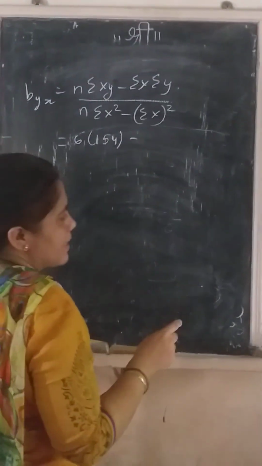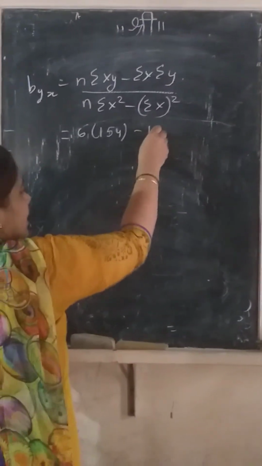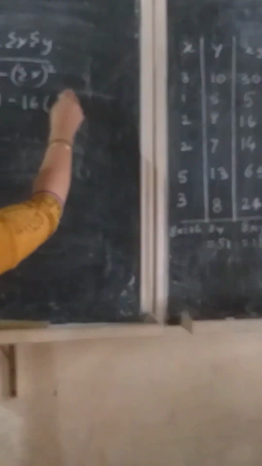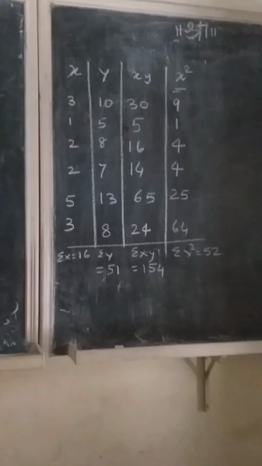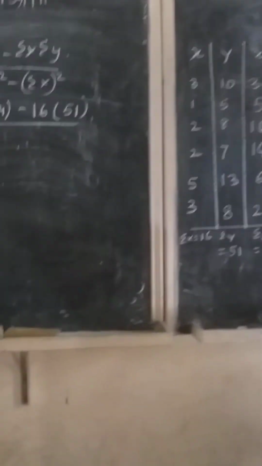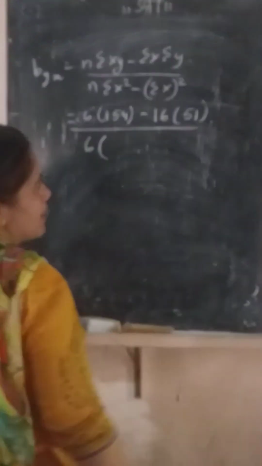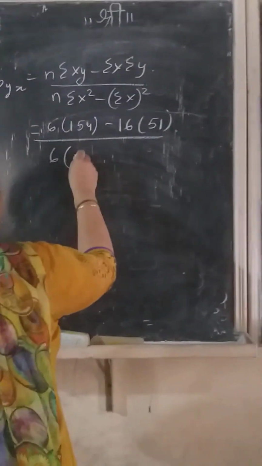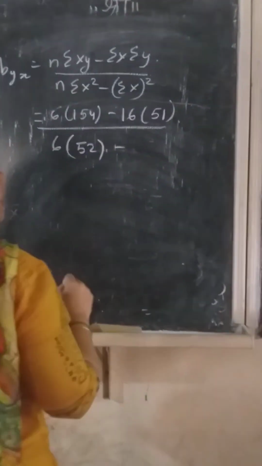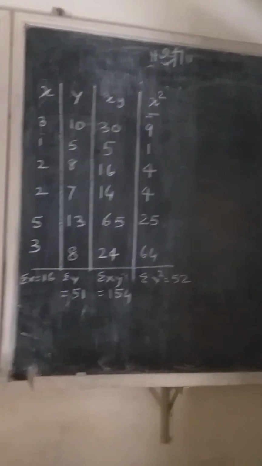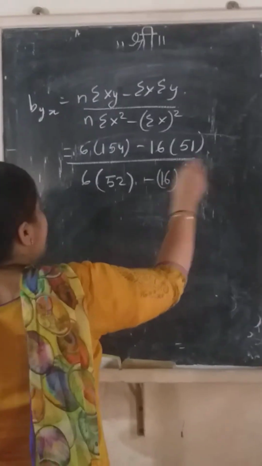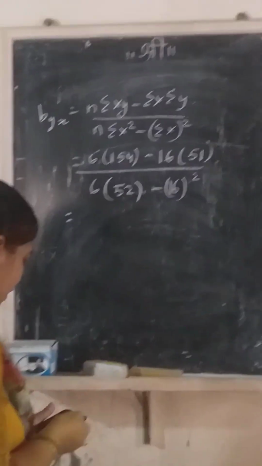Summation xy is 154 minus summation x is 16 and summation y is 51, upon n summation x square. So 6 into summation x square is 52 minus summation x whole square. So summation x is 16, its square I will write it here. So let us do this calculation.